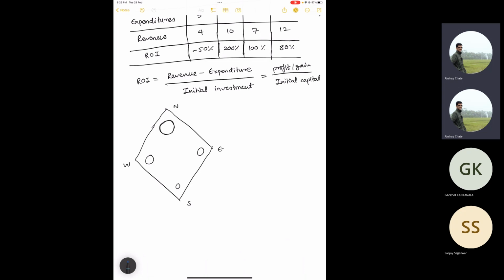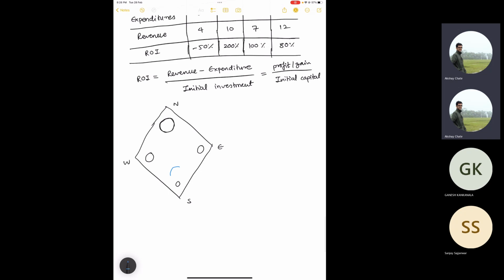The demand was higher in south and west, but smaller in these two areas. So they were producing more in North India and selling more in the south and west part of India.